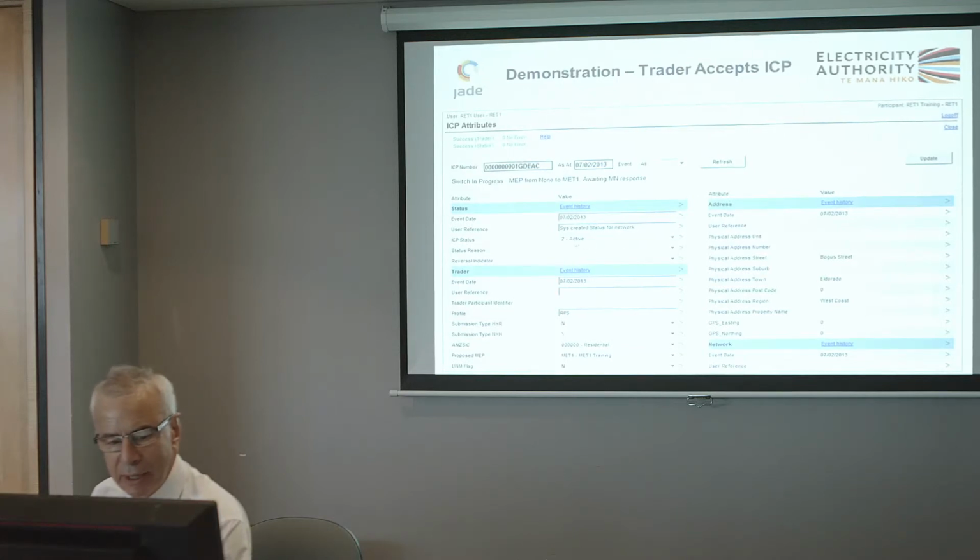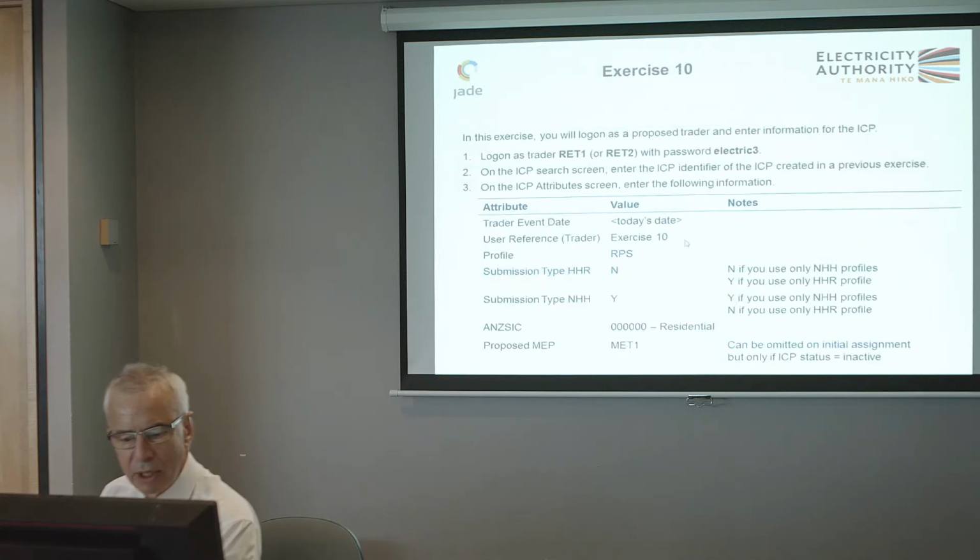But if you say that it's active, then no reason is required. Lots of these events have a user reference field. Now you can put in any kind of comment that you like. This is just optional for you to enter some text in.